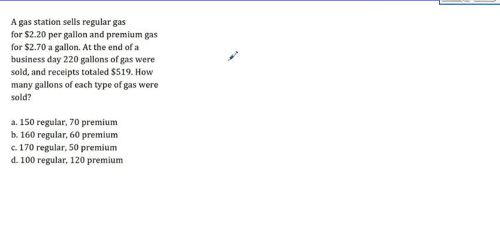All right, the first thing we're going to do here is define some variables. So there's two different types of gas that we have. We have regular and we have premium. So I'm going to state that R stands for the amount of regular gas.